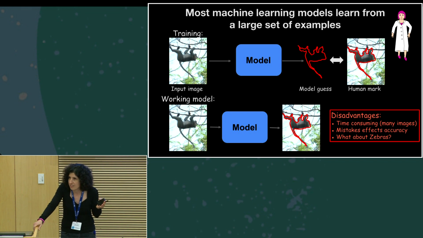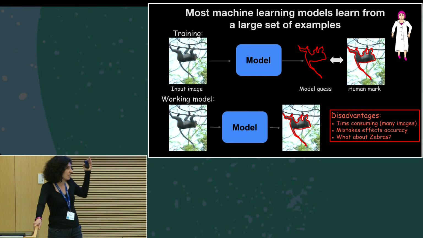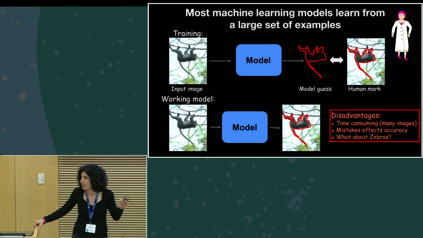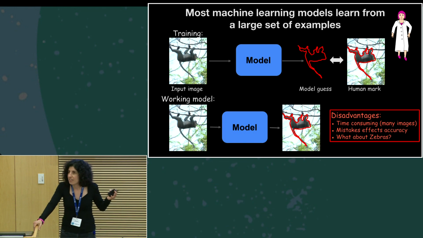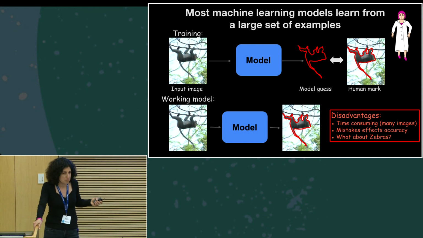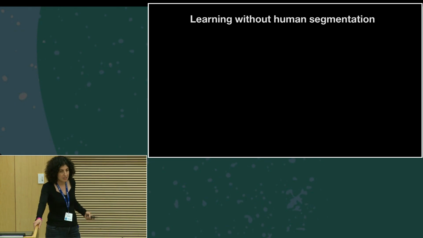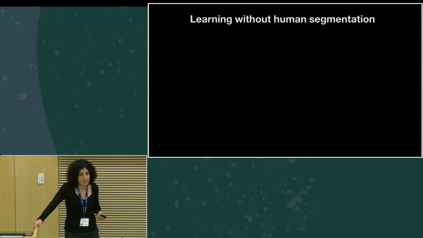I marked all the monkeys, but my model will not know how to mark zebras, so I need another thousands of images, and a person who will mark the zebras, and all the animals alive, and we have many of those. So it's not efficient. We would like to take out the man in the loop and make our models learn without any human.